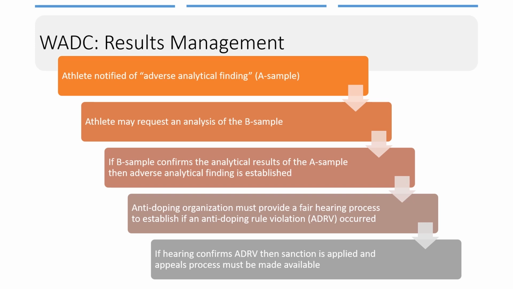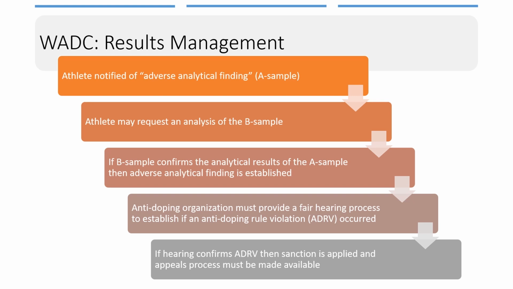If the B sample analysis agrees with the result of the A sample, with the presence of an adverse analytical finding, then the anti-doping organization is obligated to offer a fair hearing process to determine whether an anti-doping rule violation has occurred.